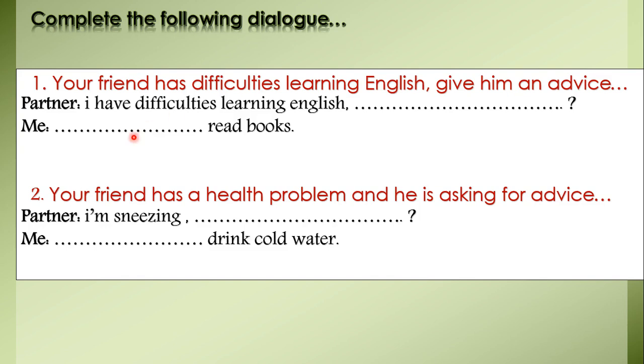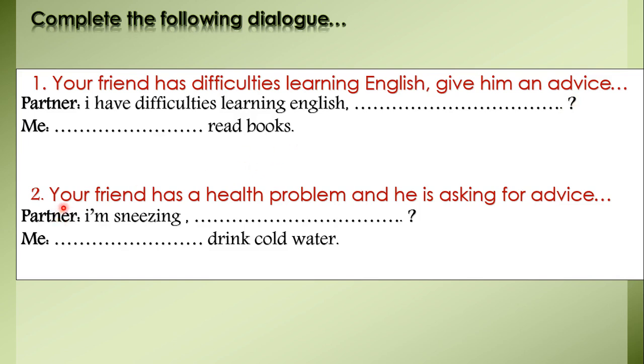So my partner said, I have difficulties learning English. Question mark. Me: read books. I repeat, partner: I have difficulties learning English. Question mark. Me: read books.